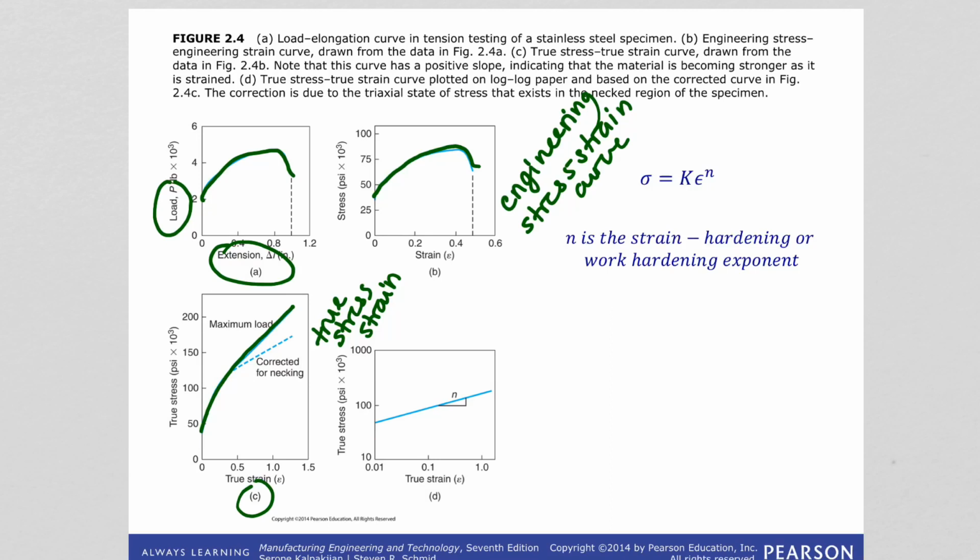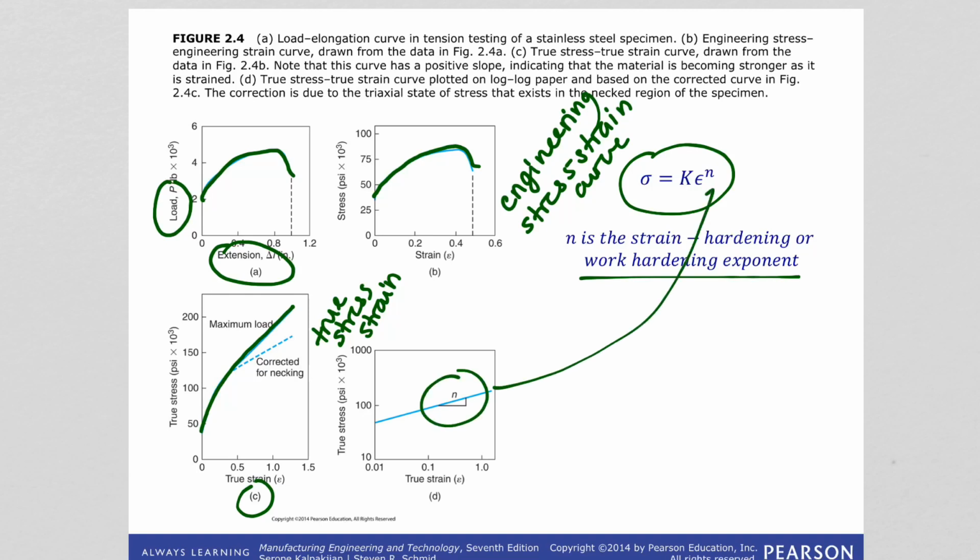The true stress strain curve is actually given by this equation here. K is a strength coefficient, N is the strain hardening or work hardening exponent. The slope of the curve is N, the strain hardening component.